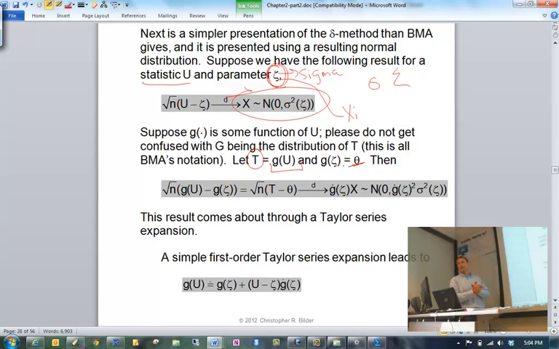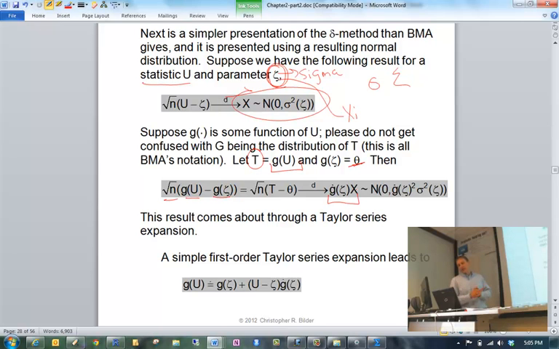The purpose of this will be to estimate something called theta, which is a function of xi. So what the delta method says is that the square root of n times g of U minus g of xi converges in distribution to the first derivative of g evaluated at xi times X. Or in other words, using the basics of what a normal distribution is, a normal with mean 0 and variance g first derivative evaluated at xi, squared, times sigma squared.